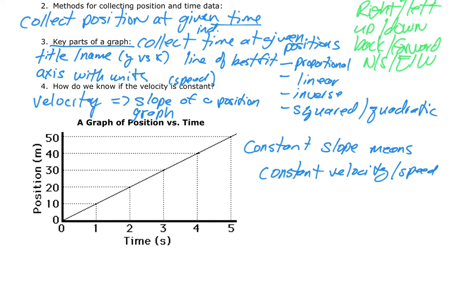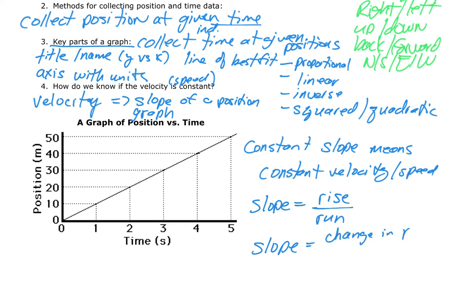Now, if you remember from math class, you know that slope can be found by taking the rise over the run. In our case, the slope would just be a change in position over a change in time.